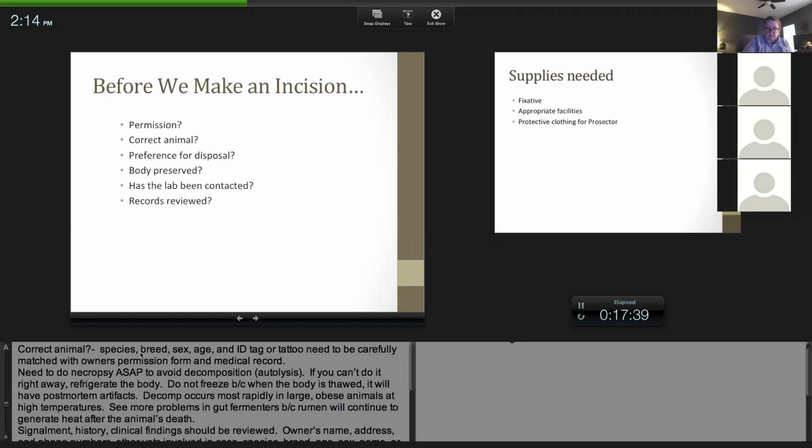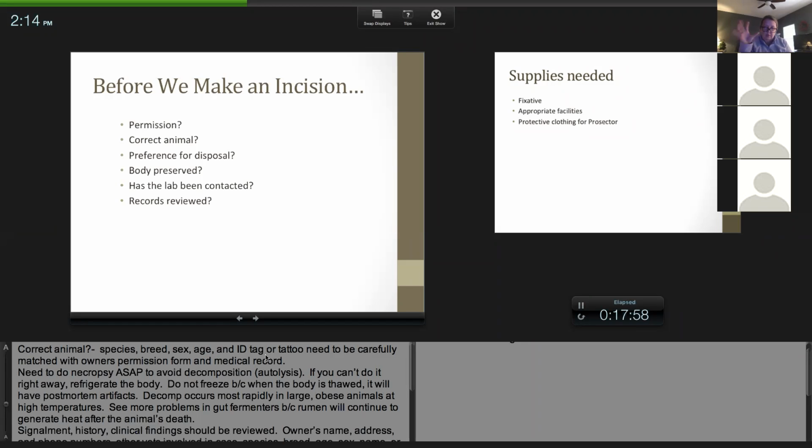Also, make sure you have the correct animal. So check the species, the breed, sex, and any special ID. If they had a microchip, that can be used. A lot of animals in research and on farms have an ID tag or a USDA number.